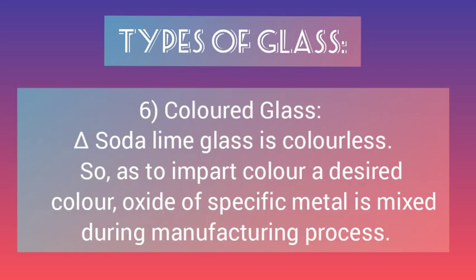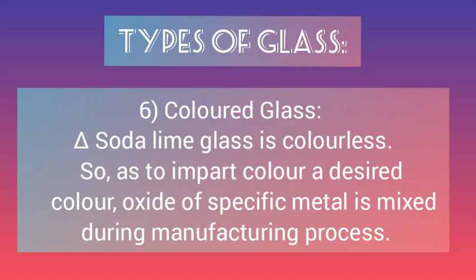The sixth type of glass is colored glass. Soda lime glass is colorless, but when we have to impart a desired color to the glass, the oxide of a specific metal is mixed during manufacturing.